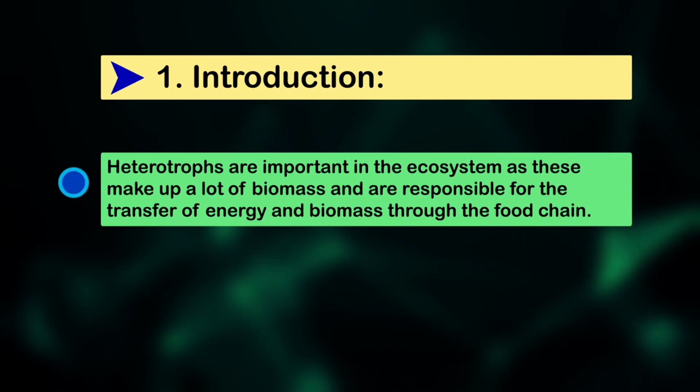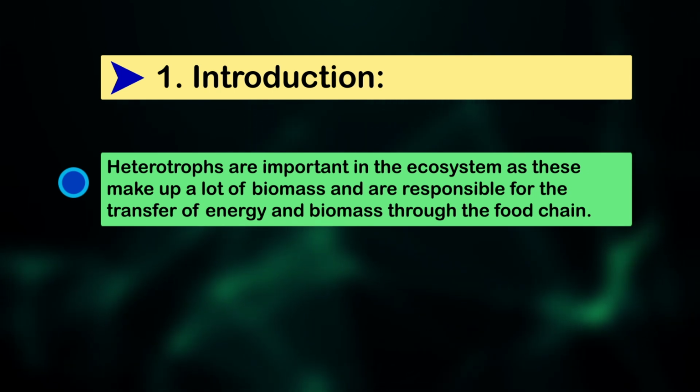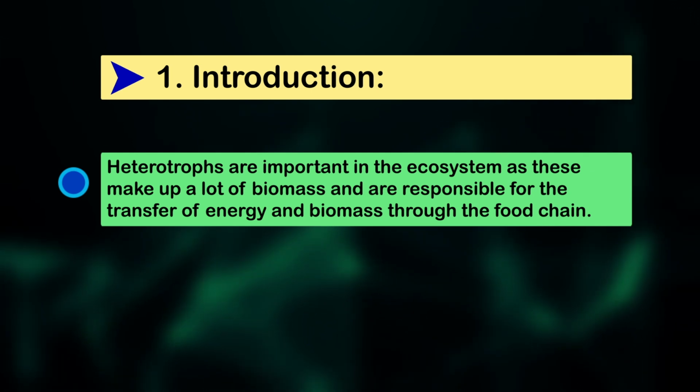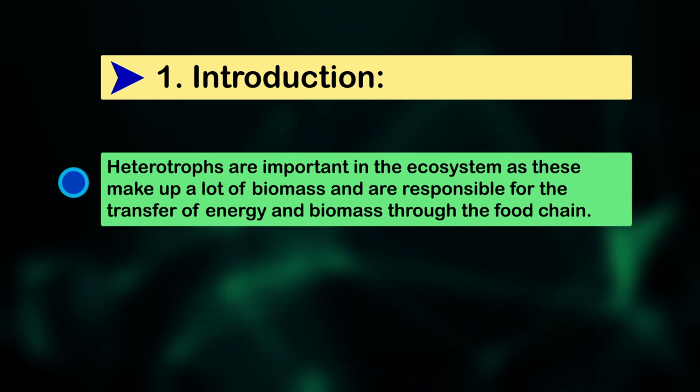Heterotrophs survive by feeding on organic matter produced by or available in other organisms. So, basically as they feed on other organisms, they are also called consumers in the ecosystem, as they consume food prepared by autotrophs and other forms at higher trophic levels in the food chain.